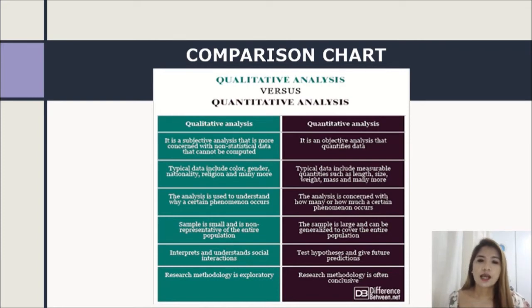And next, qualitative analysis interprets and understands social interaction, while in quantitative analysis, it tests hypotheses and gives future prediction. And lastly, in qualitative analysis, research methodology is exploratory, while in quantitative analysis, research methodology is often conclusive.